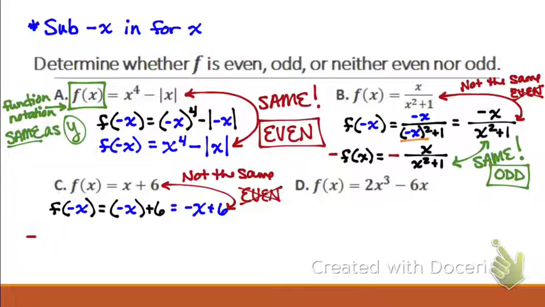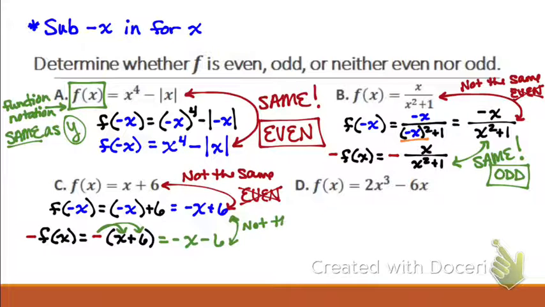Let's test and find out. So negative, and I would want to distribute that to x plus 6. That would give me negative x. I like that, but it gives me negative 6, which is not the same. So is this odd? No. If it's not even and it's not odd, I would say this is neither.